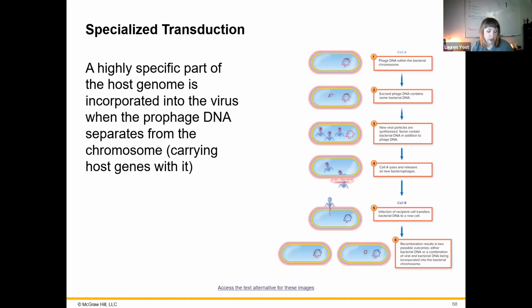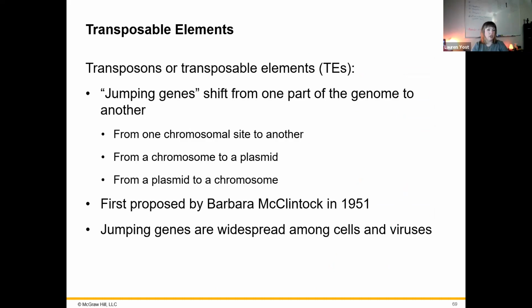So that's going into lysogeny. And then whenever we go back into the lytic phase for making more viruses, they can take out the gene from that host with them and then move on to the next host and give them that gene associated from where they were hiding in the genome of the previous one. So that's how that works.